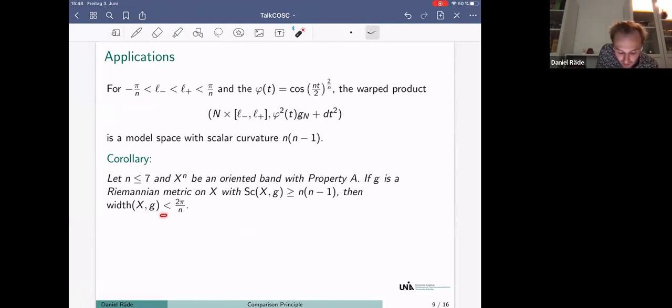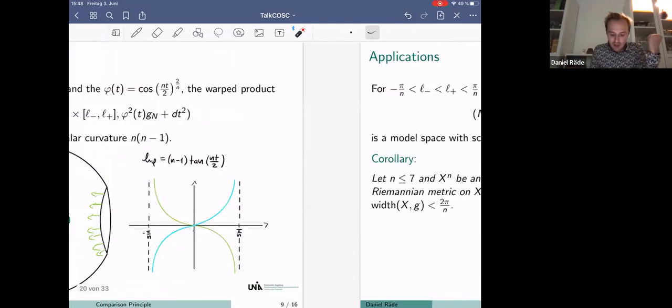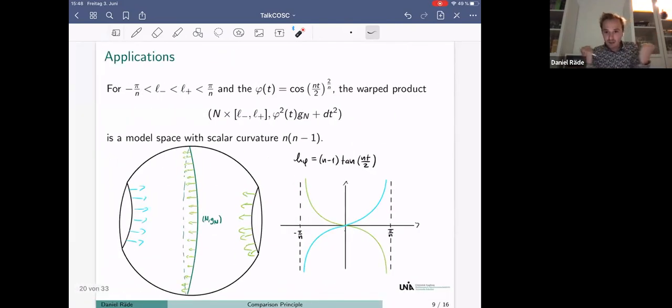And this is actually strict, okay? So in the theorem before we had non-strict inequality, it's actually strictly less than 2 pi over n. Okay? And that's what I said: this bandwidth inequality is one extremal case of this comparison principle, and extremal in the sense that you go with L minus and L plus to the absolute limits you can push it to until this model space collapses, until the boundary collapses to points.